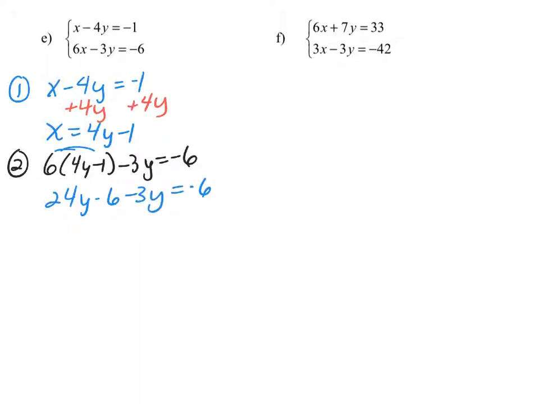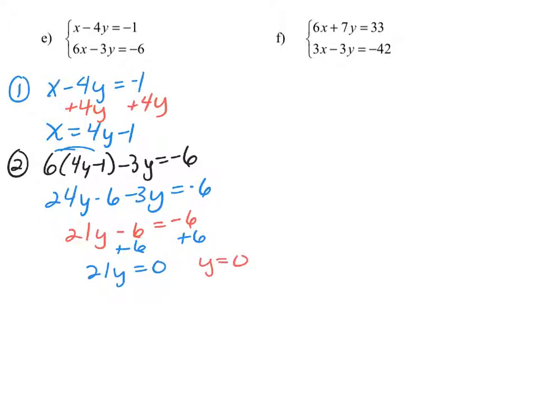By combining like terms, I get 21y minus 6 is equal to -6. Then I'm going to be adding 6 to both sides of the equation, and the result is 21y is equal to 0. By dividing both sides by 21, we see that y is equal to 0.